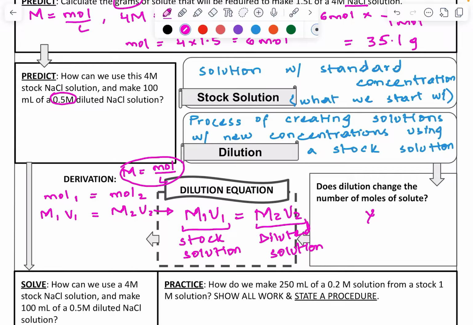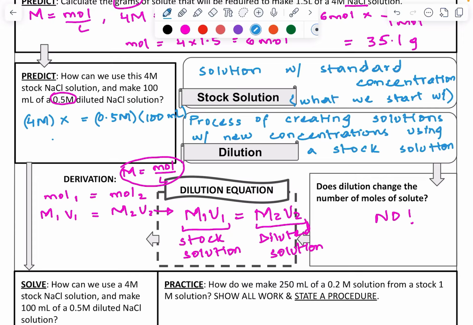And we have already answered this question, that dilution does not change the number of moles. So if I plug in the numbers for this problem, M1 for our stock solution is 4 molar, and we need to figure out how much of that stock solution we need to make a diluted solution. I am given the molarity of my new solution as 0.5, and the volume of the diluted solution as 100.